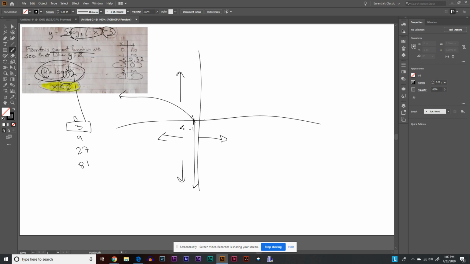And by the way, this is kind of being posed as a question for you right now, a summation of everything we've done. Can you figure this out? Would it get stretched vertically, or would it just be pushed upwards? And then, second thing, what's this -5 going to do?